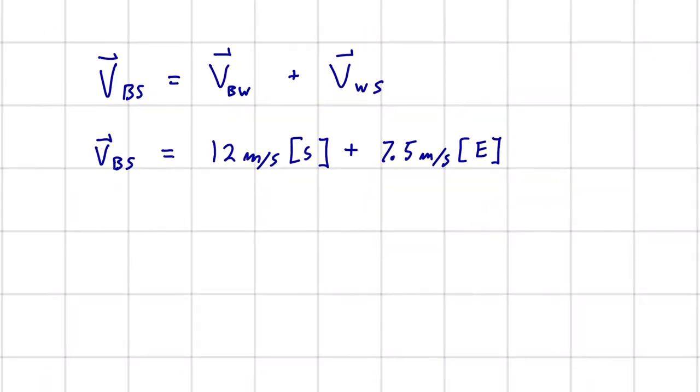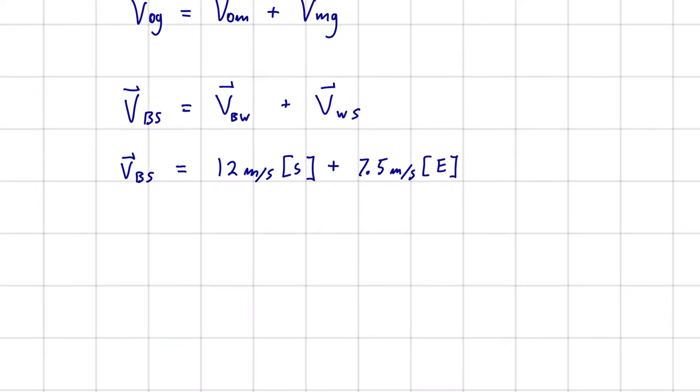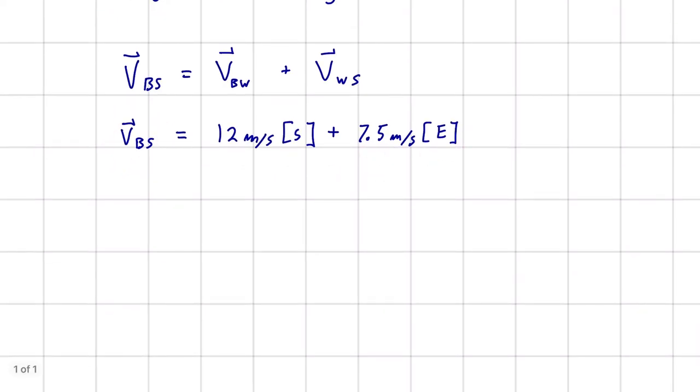So now we have our equation that we need to solve, and we have two known vectors, and we're trying to find the unknown by adding the two together.